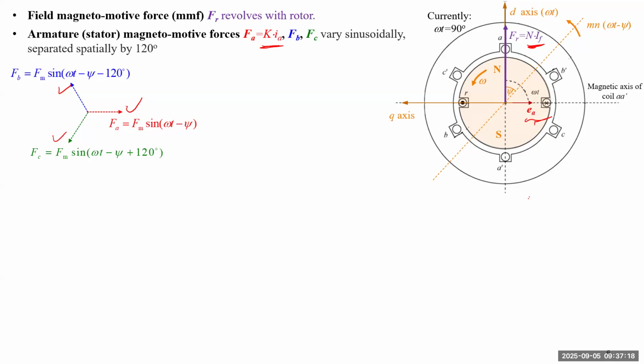So what I mean is, this dotted arrow indicates the positive direction for FA, but FA is proportional to the instantaneous current in winding A. So there's a sinusoidal wave in this direction, and the value changes sinusoidally. The other FB also will be a sinusoidal function changing in its direction, and C is the same.